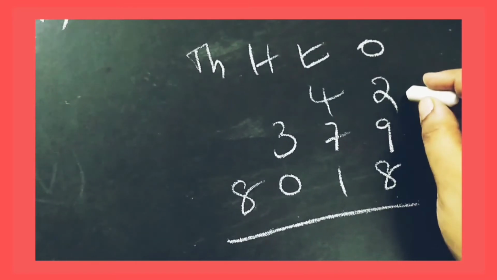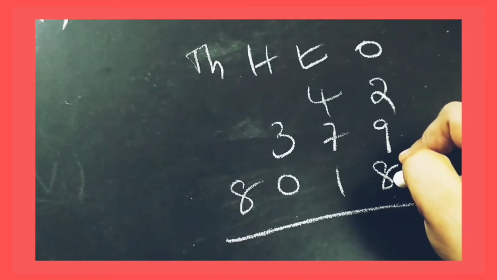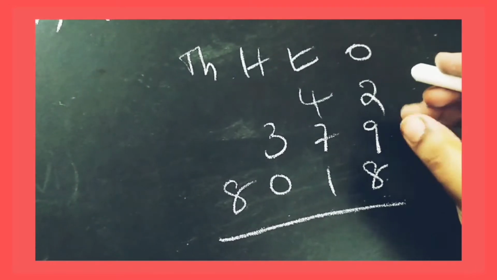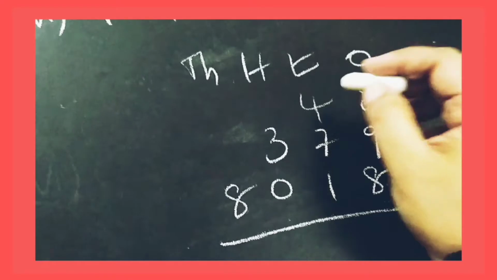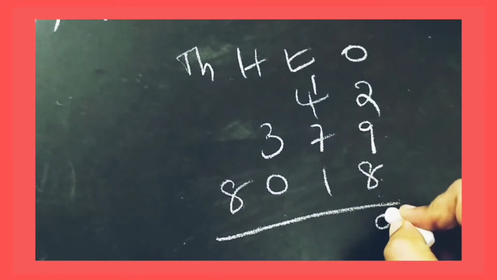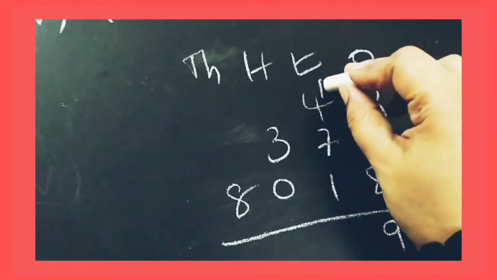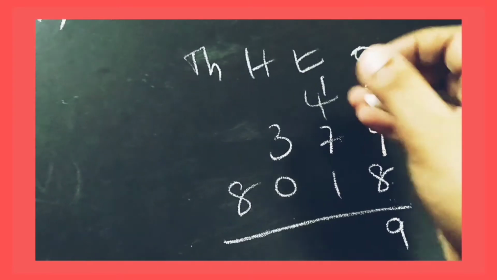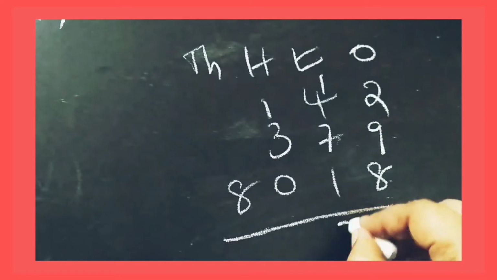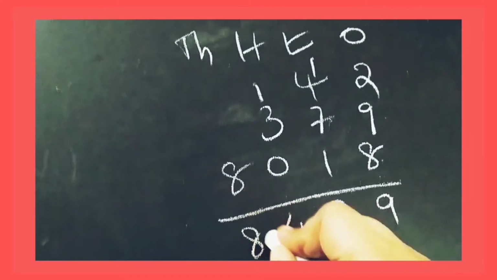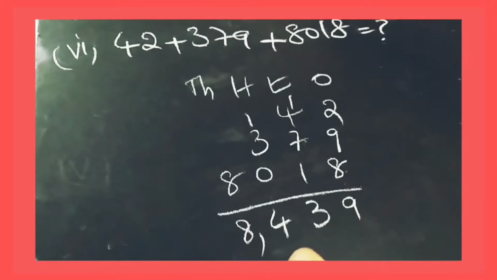Okay. 11 plus 8. Okay. 11, 12, 13, 14, 15, 16, 17, 18, 19. It is 19. 11 plus 8 is 19. Then 7, 8, 9, 10, 11, 12, 13. 3 plus 1 is 4, 8. It is 8439.